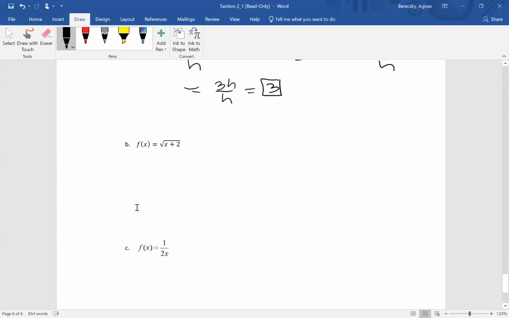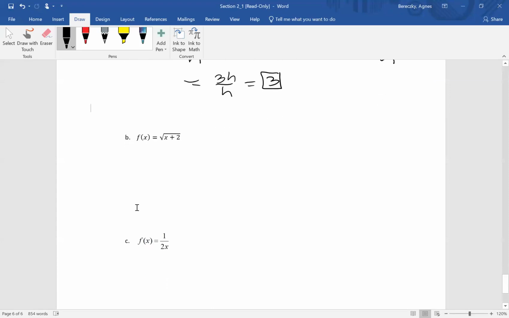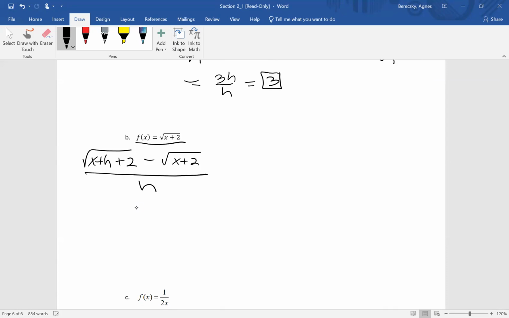Now, when the function is not linear, that's when it gets a little more complicated. That is a section that is different from an algebra class. So we're going to plug in x plus h first in place of x, minus f of x, which is radical x plus 2, all over h. And this time we say we learned rationalizing the denominator before in an intermediate algebra and college algebra class.